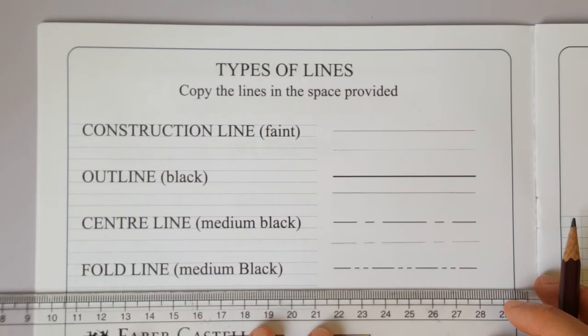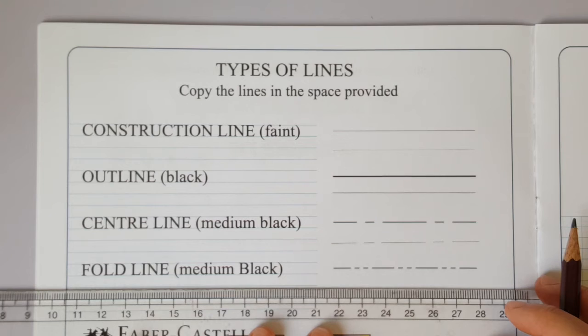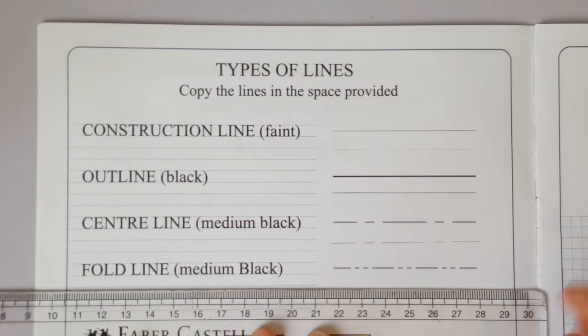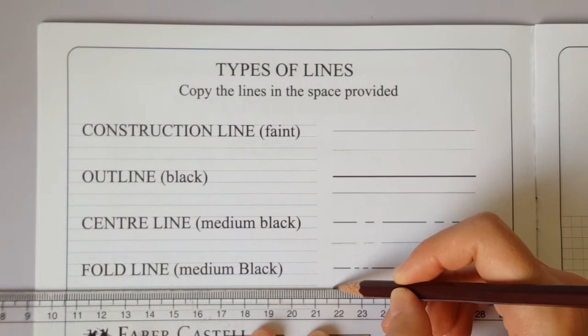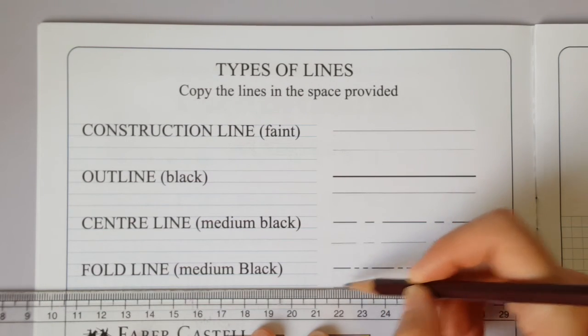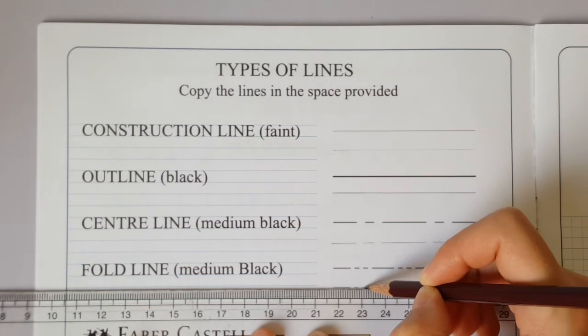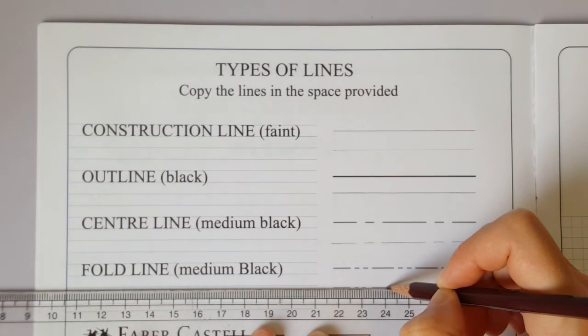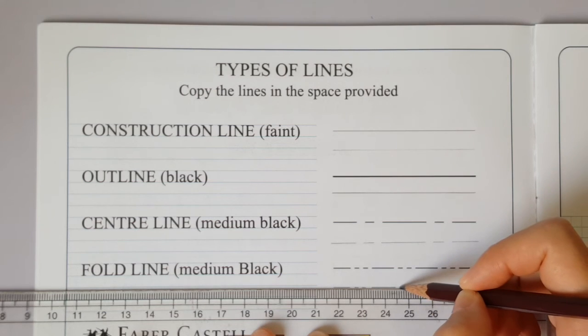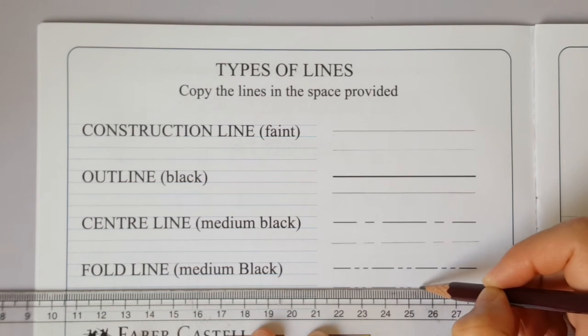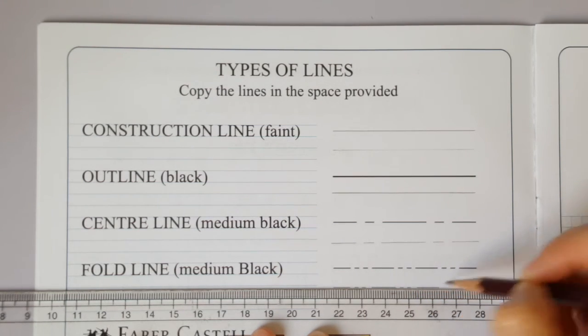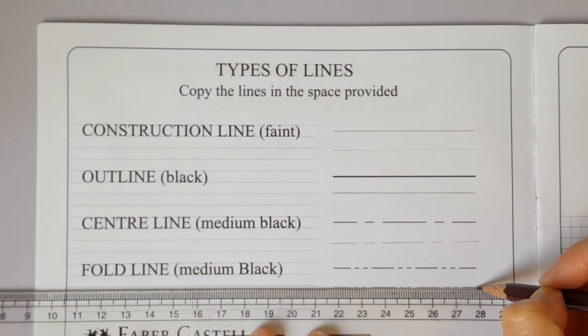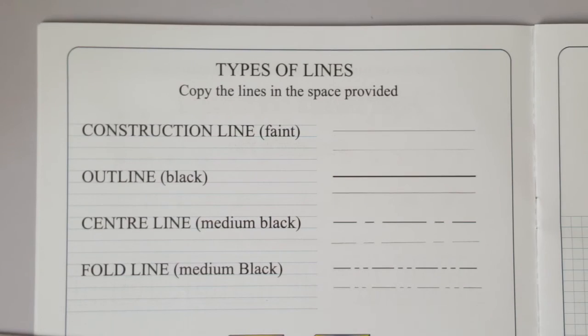First, let's draw a long line. Then you're going to draw two shorter lines, another long line, then two short lines, and the pattern repeats. Make sure that the line that you're drawing is medium black.